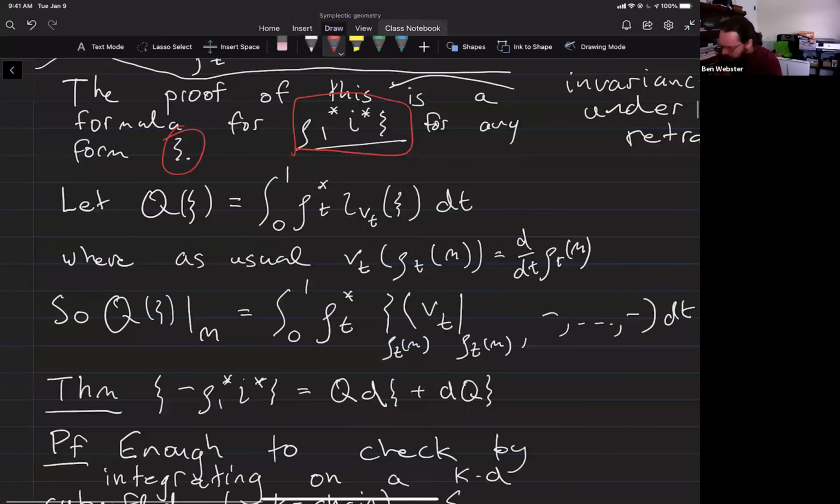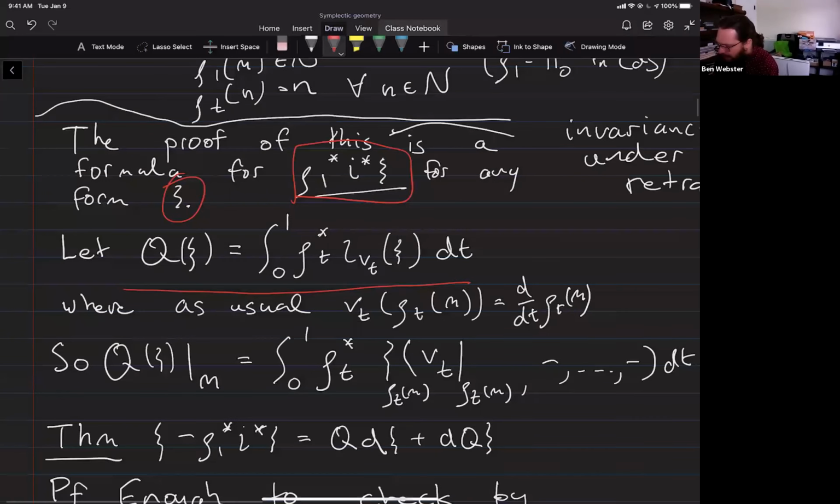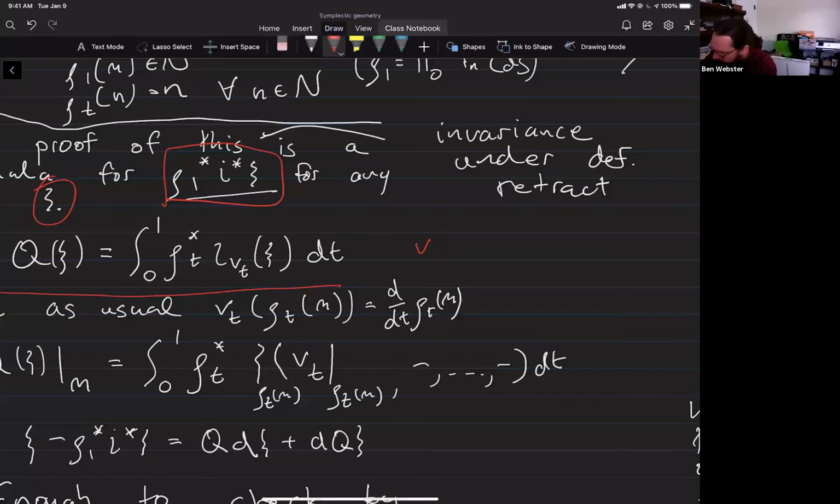And I do this using a homotopy operator. I apologize: for some people who've done algebraic topology, this is going to be like, oh, yawn, homotopy of a chain map. And for some people who haven't, it's going to be like, what are you doing? But I have this slightly strange operator. I have my deformation retract rho, and here I have my V_t, which, as it's always been, is the derivative of the flow.